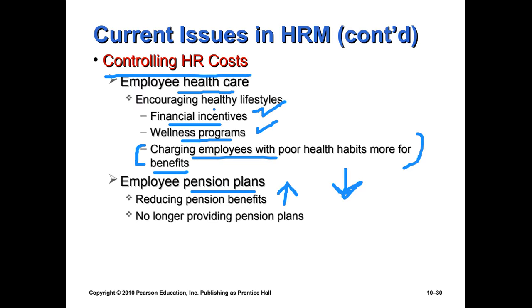Because the pension plans are going down, the employees have to struggle, and that's why they need to have a very vigilant future perception. So there can be a reduction in the pension benefits, or no longer providing pension plans, and that's what is happening around the world.